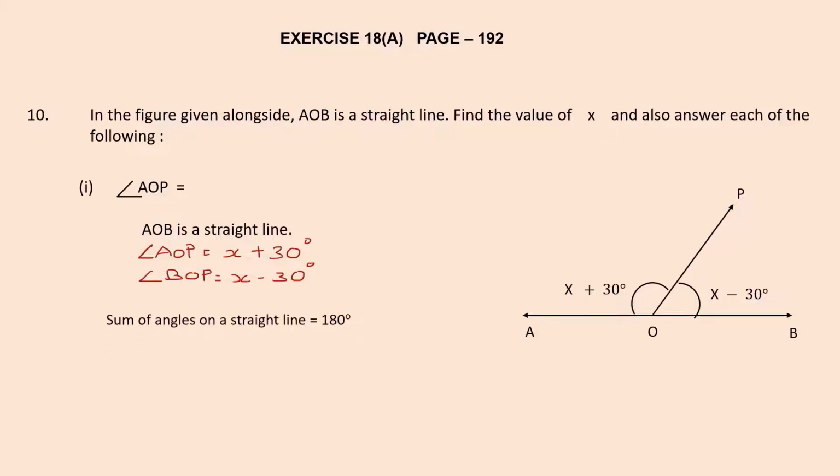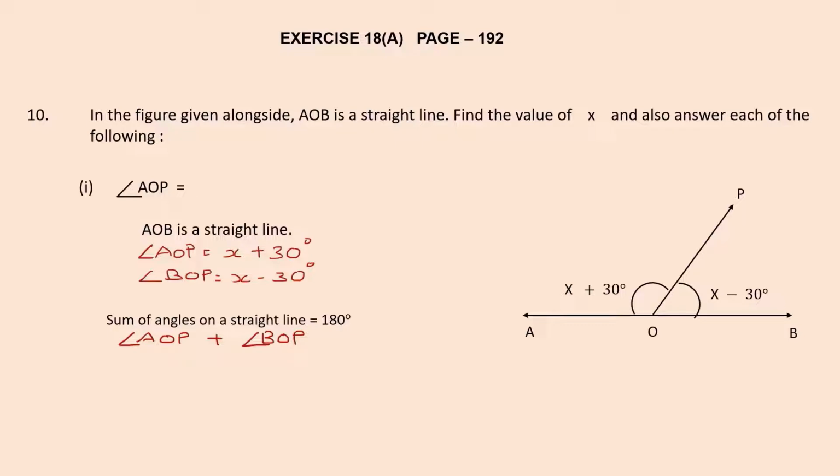And let's remember this. Sum of angles on a straight line is equal to 180 degrees. And as you can see, angle AOP and angle BOP are on the straight line AOB.